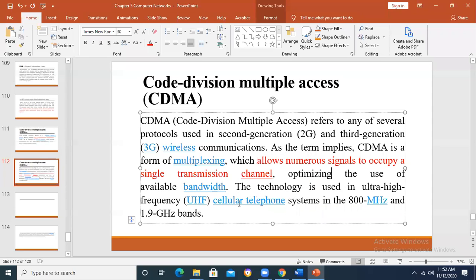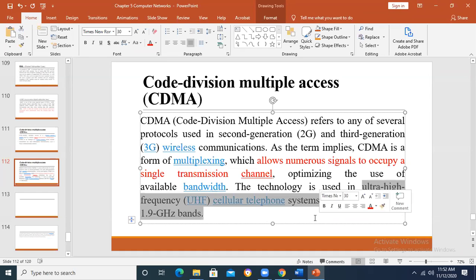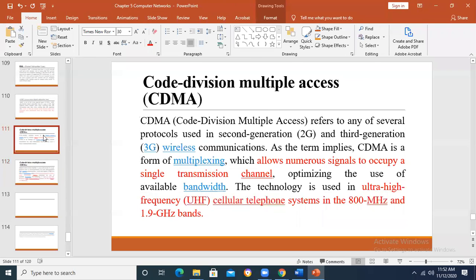This is also a very key point. Suppose ultra high frequency: if you write this thing, there is an extra edge given to you in your answer because you are covering that thing as well.